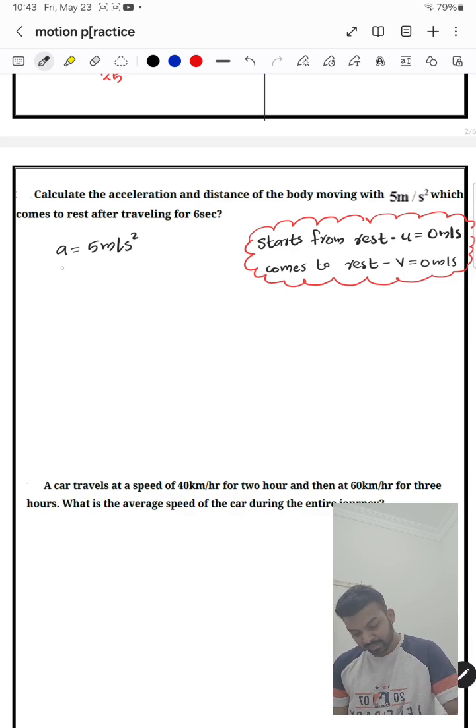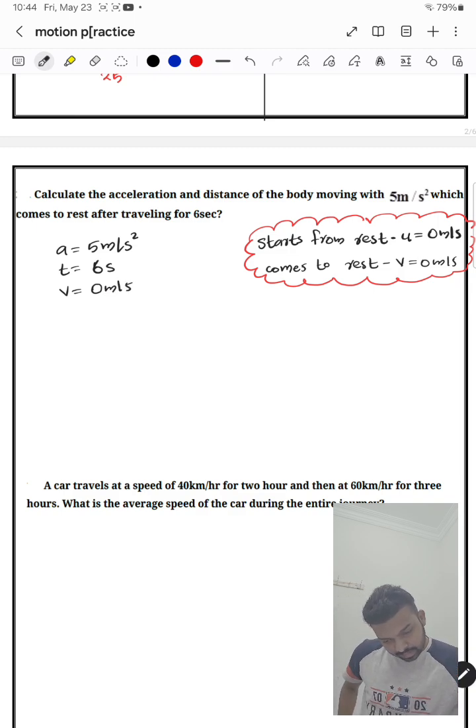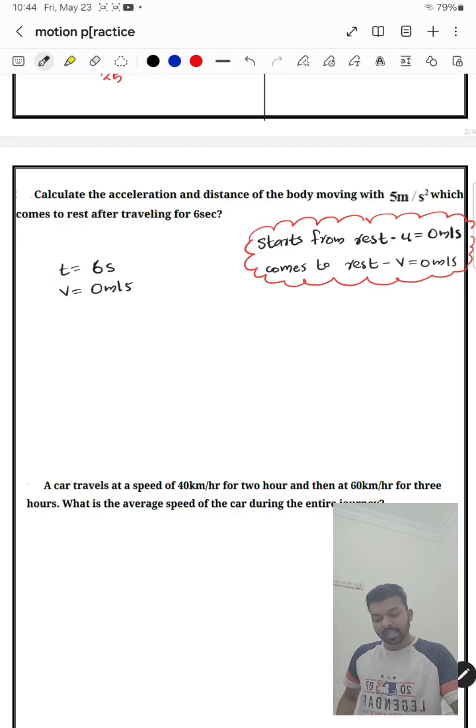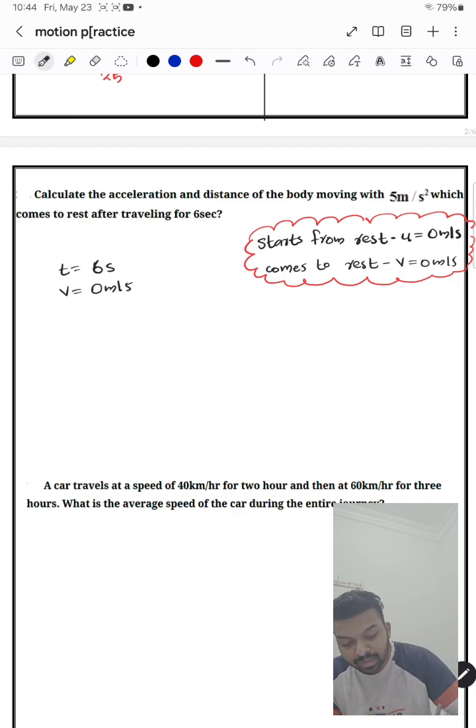Then time is given, which is equal to 6 seconds. Then what else is given? Then v is equal to 0 meter per second. Actually, there is a small typo error here. We calculate the acceleration and distance of the body moving with, okay, so it is not 5 meter per second square.